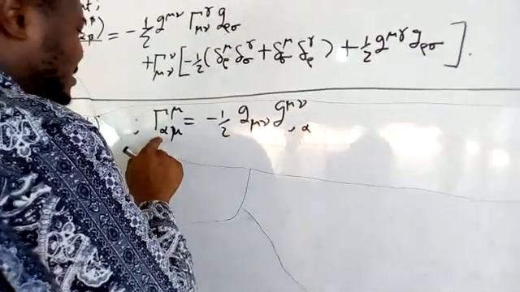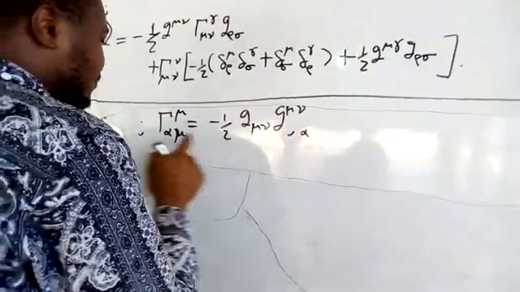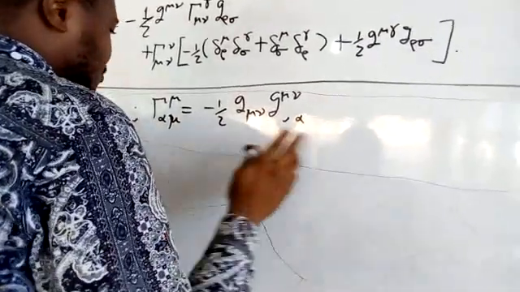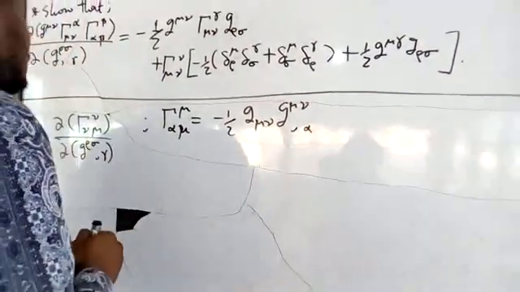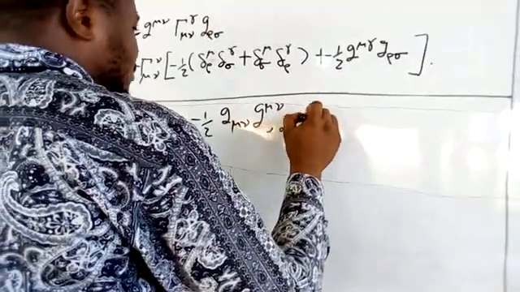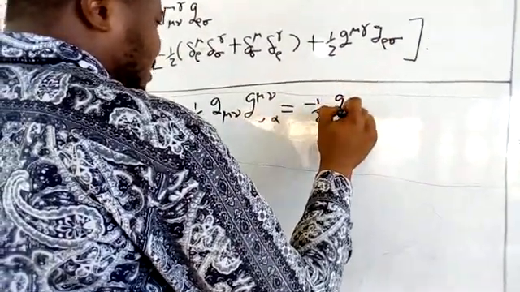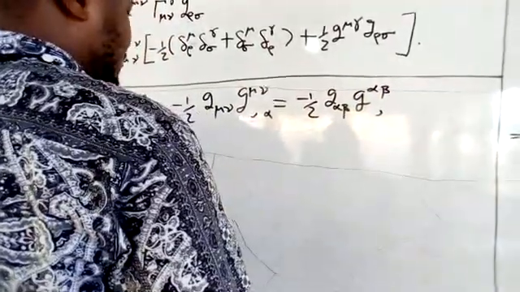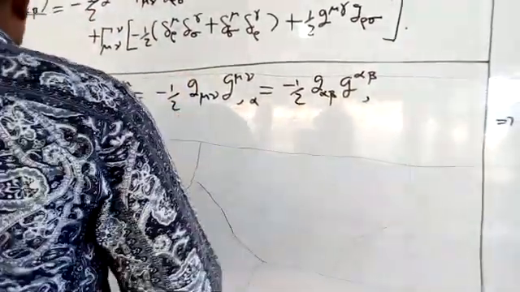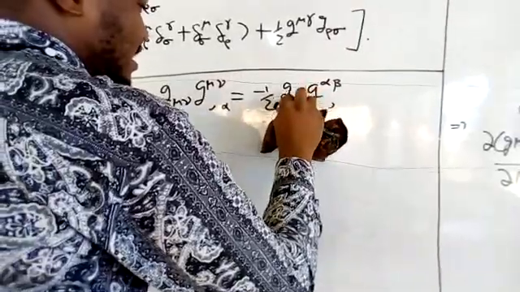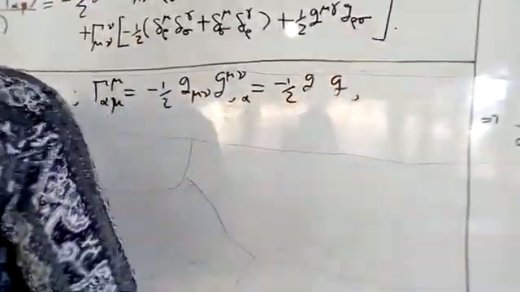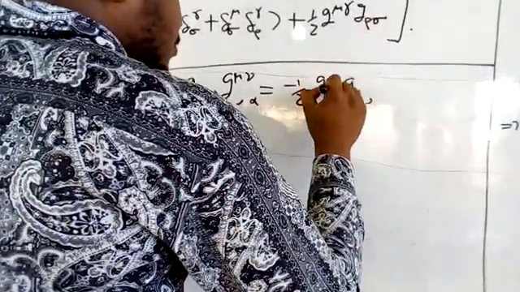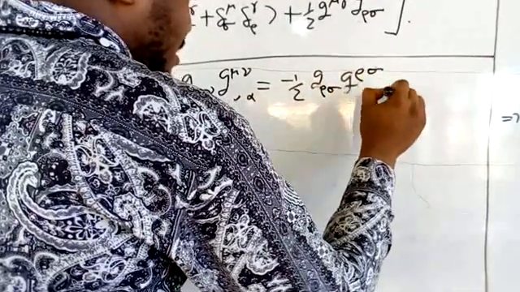So the only index that stays on both sides of the equation is α, both of which are not contracted. But note that I could have written this as minus 1 over 2 some g^{αβ}_{,}. Okay, so let me just use the pair of indices. I think ρσ would be good. So this could as well be g^{ρσ}_{,α}.